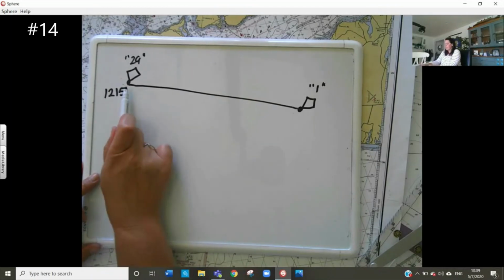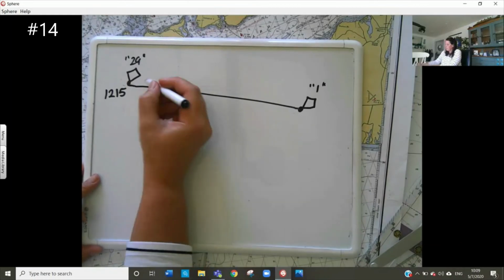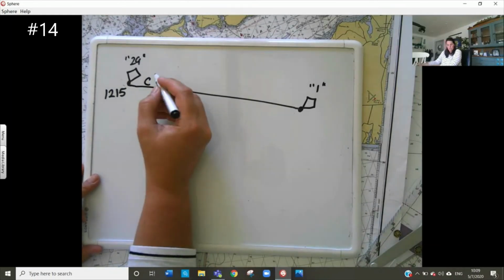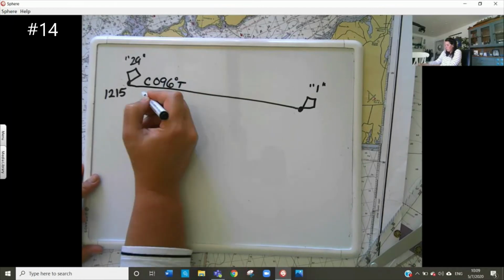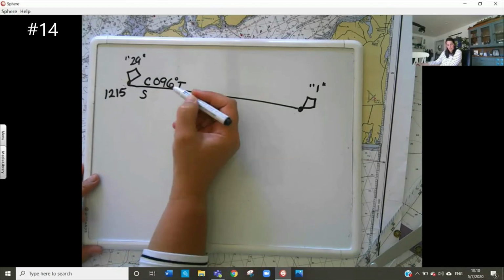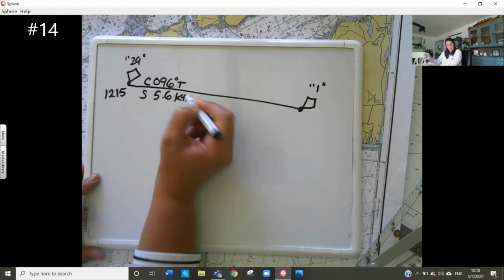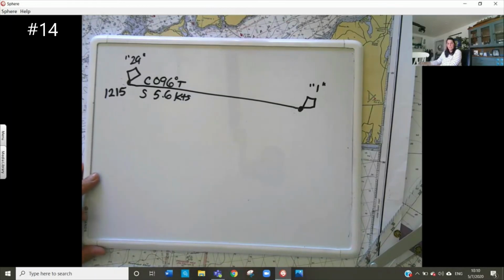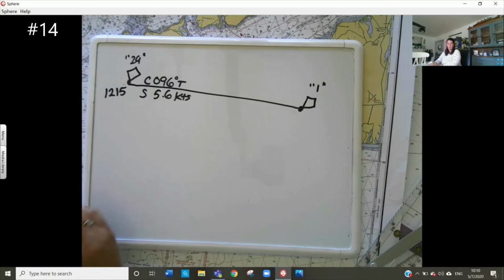From buoy 29, we departed there at 12:15, and we were headed to buoy 1. We calculated our course to be 096 degrees true, and we have a speed of 5.6 knots. What is our ETA to buoy 1? So our first step is to calculate our distance.